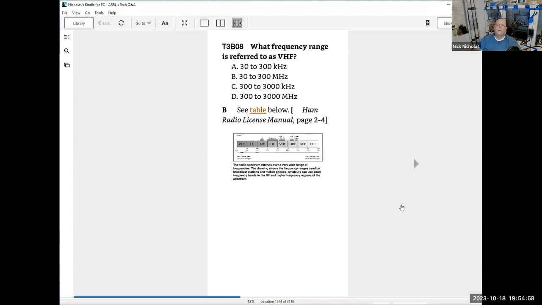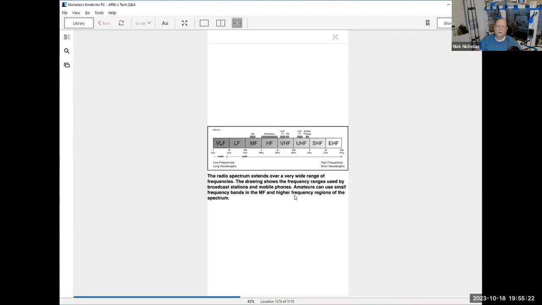I'll get to it in a minute, but the question here is, what is the frequency range referred to as VHF? VHF is above 30 megahertz and below 300 megahertz. There's a little chart in your book, the same chart that I'm showing you here.